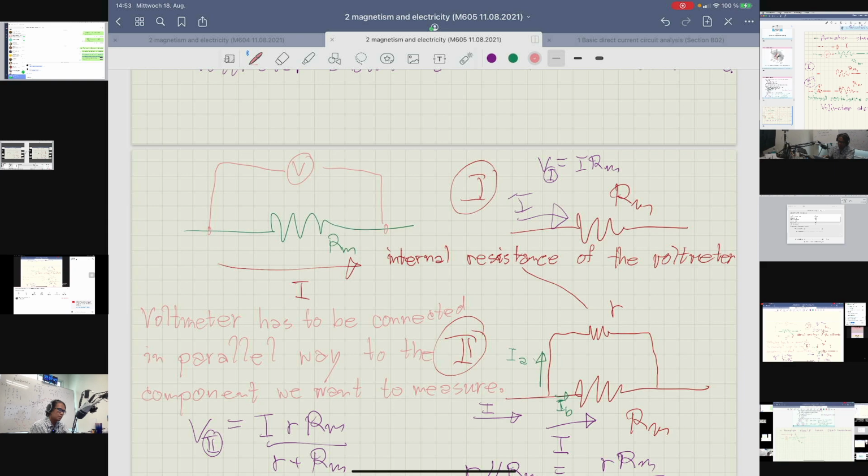Let R be a small resistance for scaling the galvanometer, with an internal resistance R. So this is a small resistor inside the galvanometer, so this is the galvanometer together with its internal resistor. It's R, this is the internal resistor.